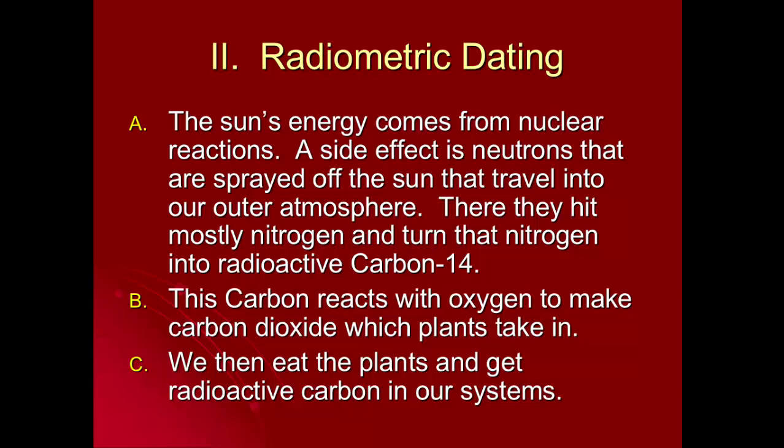And once an animal or plant is dead, it stops eating food or absorbing carbon dioxide. And so the amount of carbon-14 doesn't increase anymore. And because it's radioactive, it slowly decays, has a longer half-life, and so it takes a while for it to decay. And we can look at the amount of carbon-14 still present and do the math backwards and figure out how long it's been since whatever it is died, how many half-lives have passed, how much of our carbon-14 has disappeared.